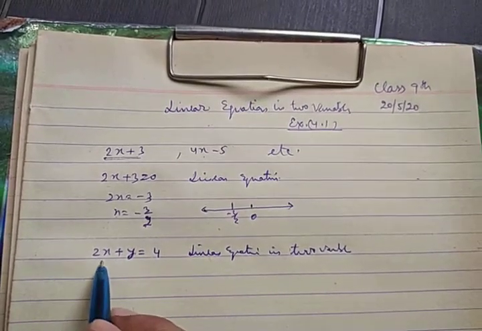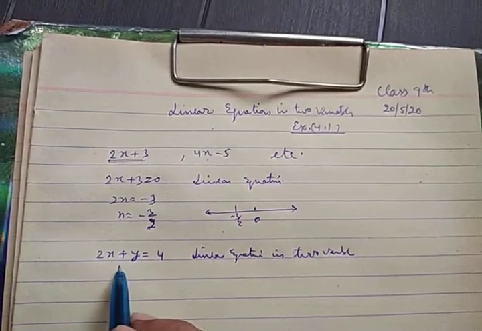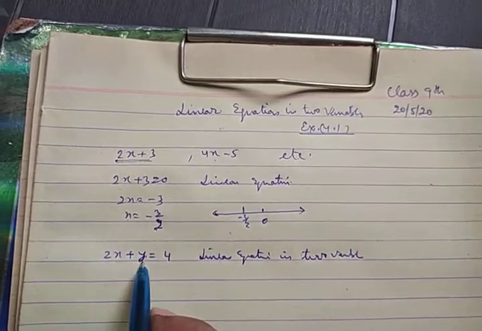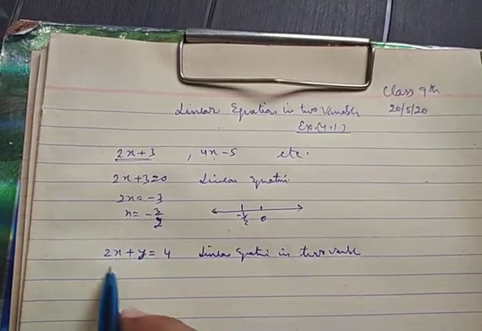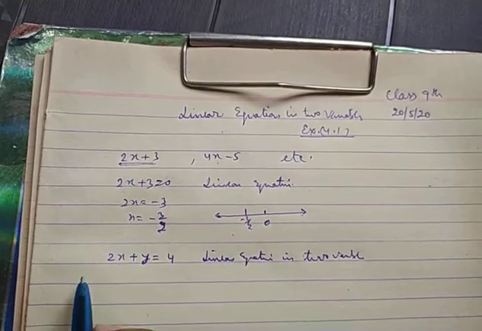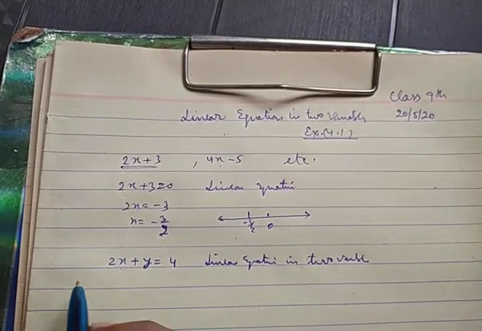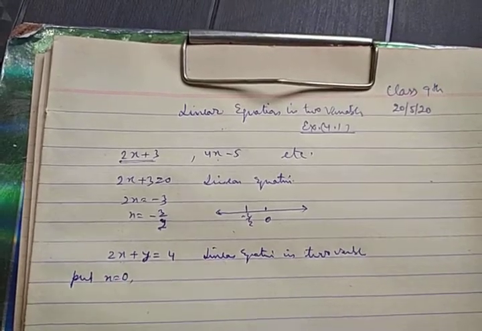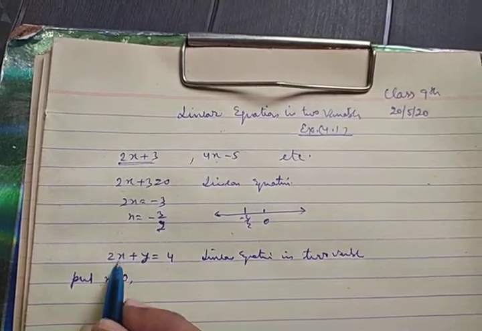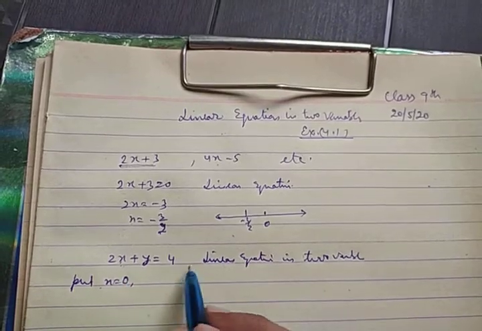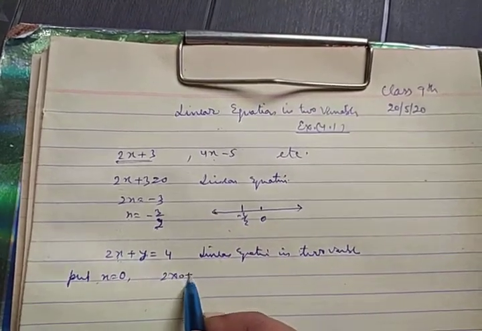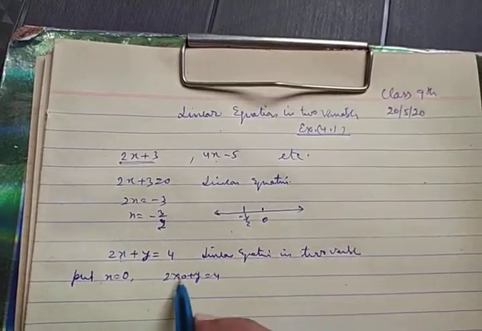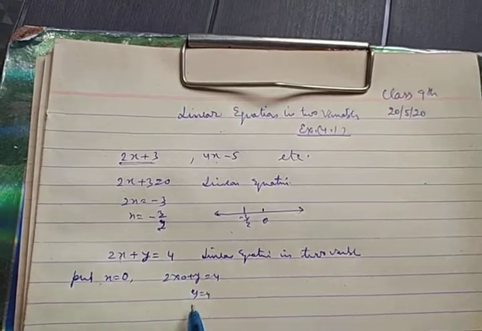Since the equation contains two variables, there would be values of x and y which will satisfy the equation. Those values can be obtained like this: if you put x is equal to 0, then 2 into 0 plus y is equal to 4, this will become 0, y is equal to 4.